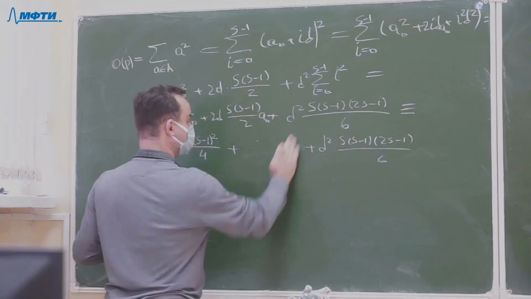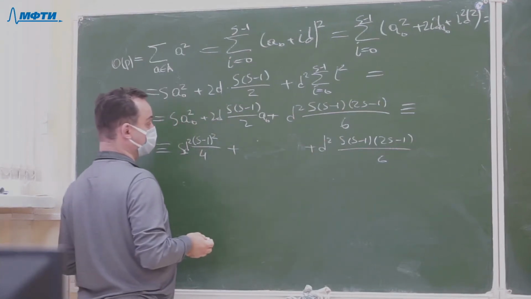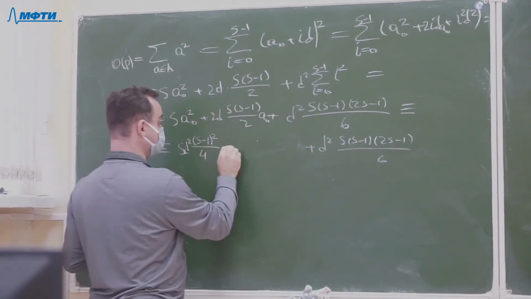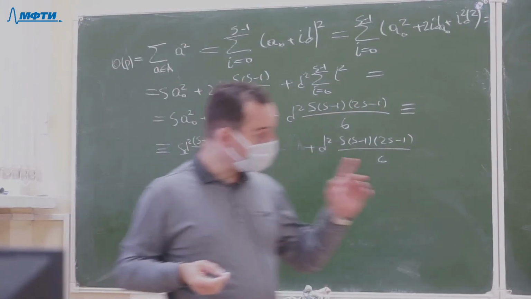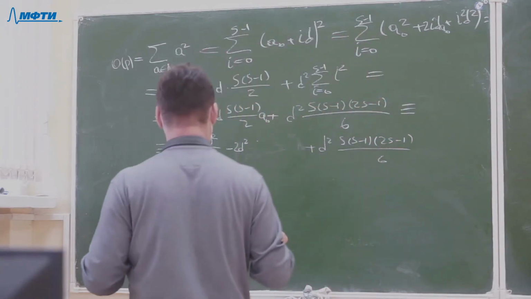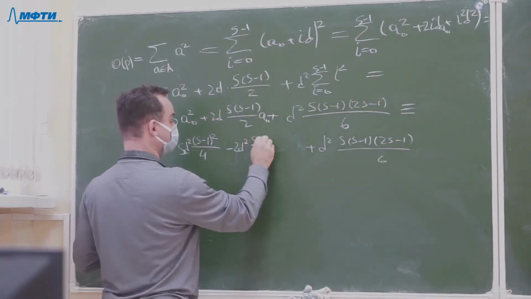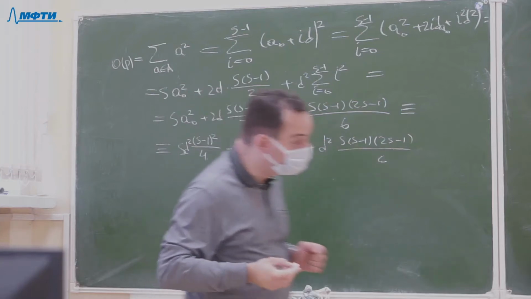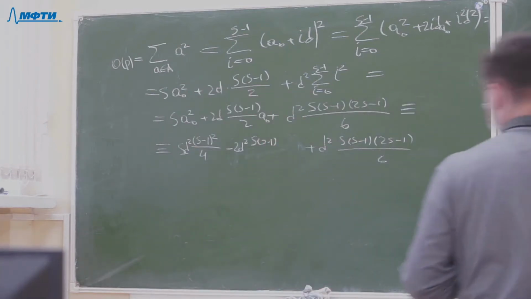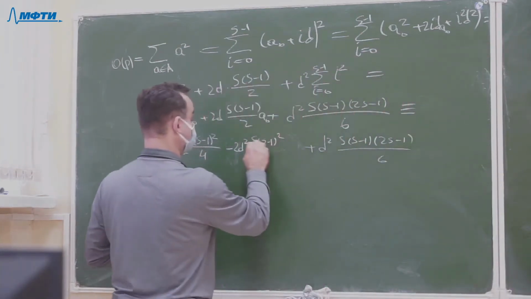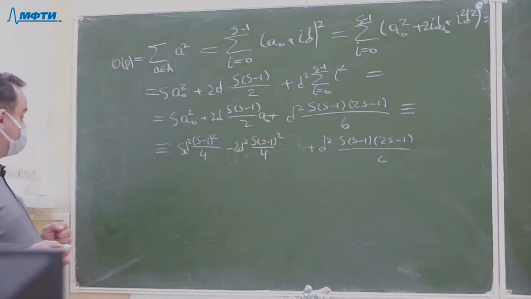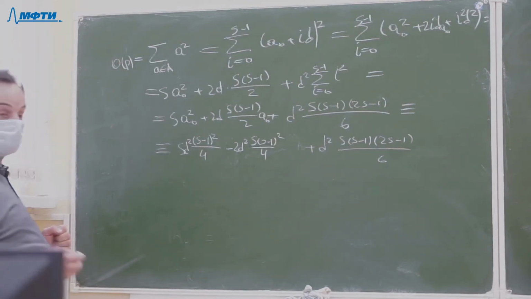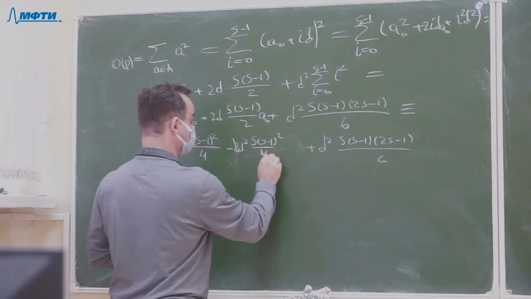So we have to substitute it also in here. So this is minus double d square by S minus 1 square by 4.